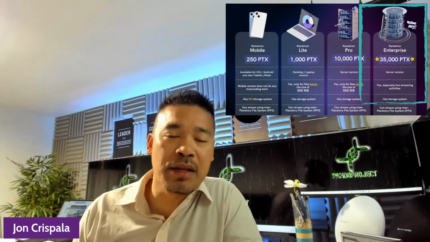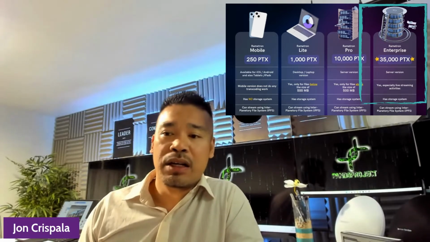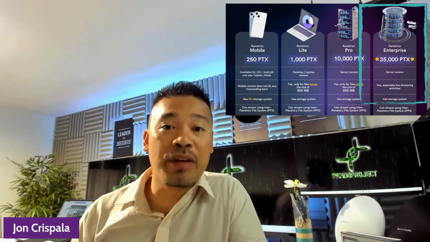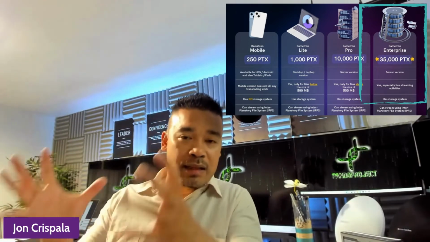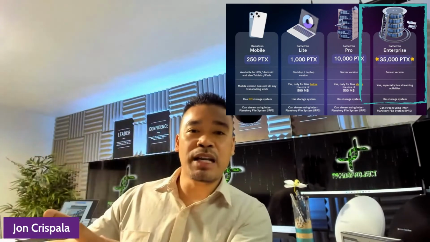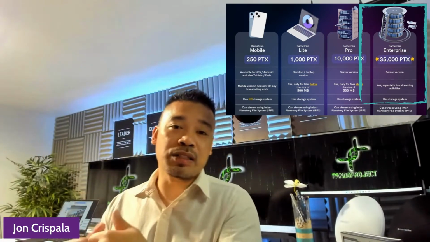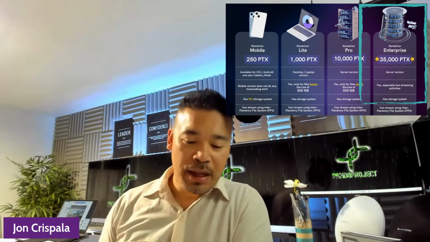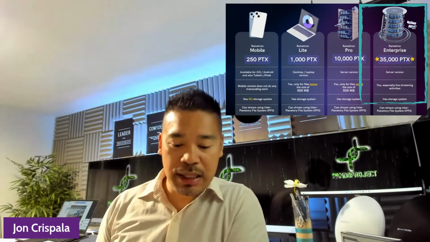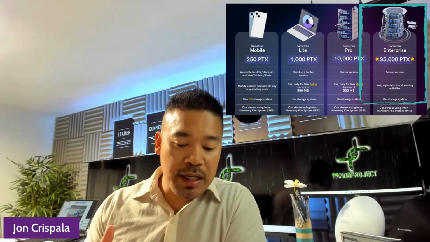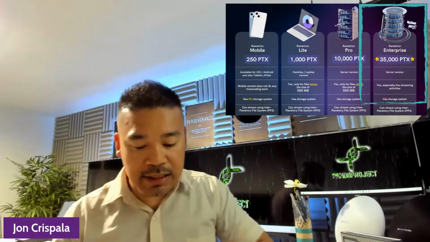Just imagine if you were to have 5 million USD of ad revenue, that takes a percentage off of that, and it goes into a pool, and it gets redistributed to all of the node holders. To me, I think it's a no-brainer.